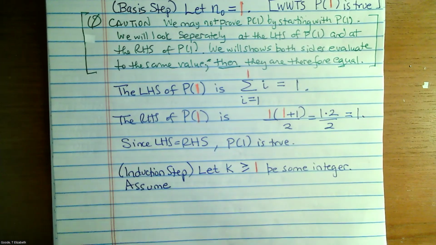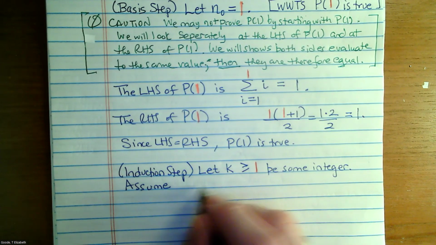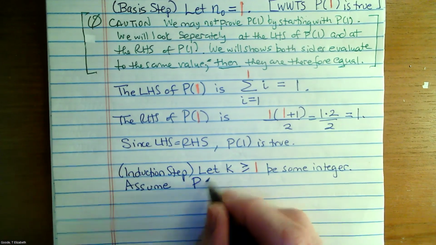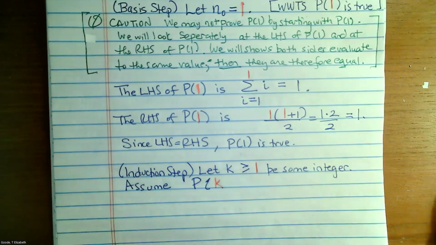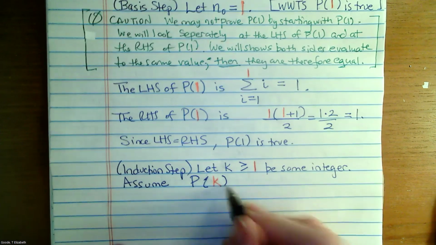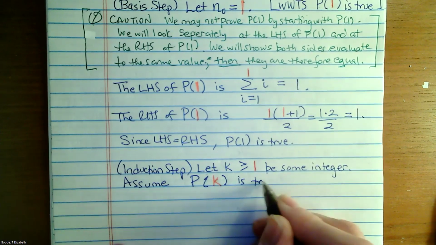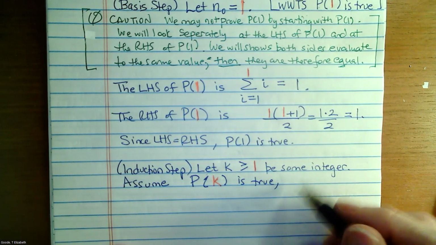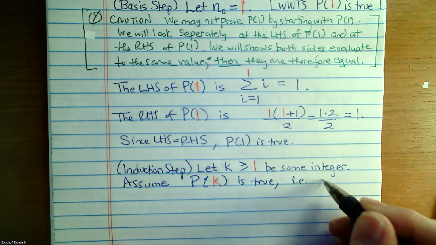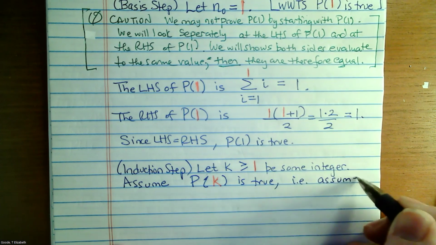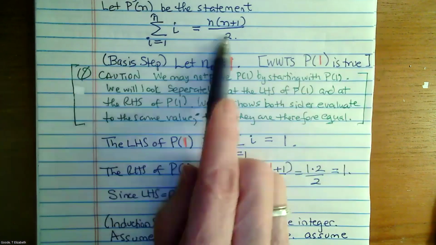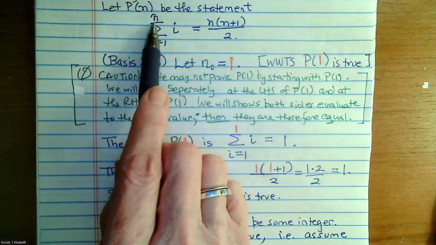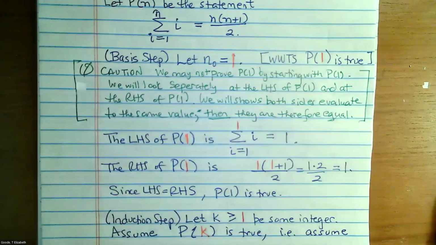Assume p of k, I'll put it in red just to emphasize here, the argument is changed to k, is true. But we're going to be more specific, i.e. assume, let's just state p of k, okay? Here's p of n. Everywhere we see an n, we're going to replace it with a k.